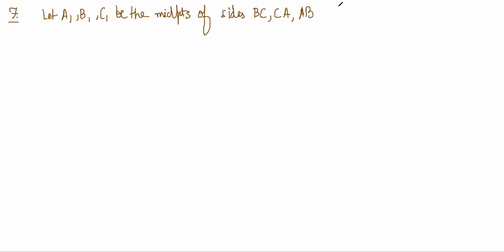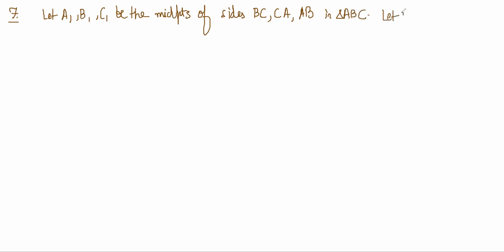Let A1, B1, C1 be the midpoints of sides BC, CA, AB in triangle ABC.